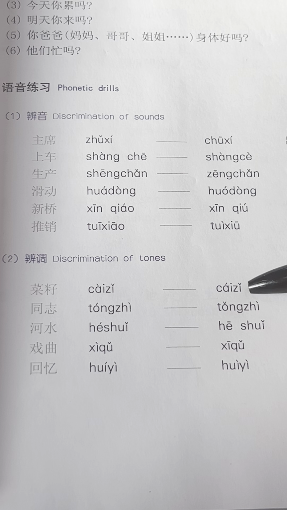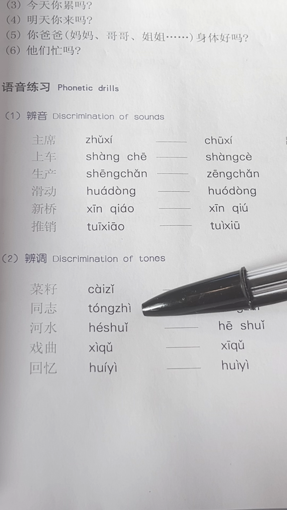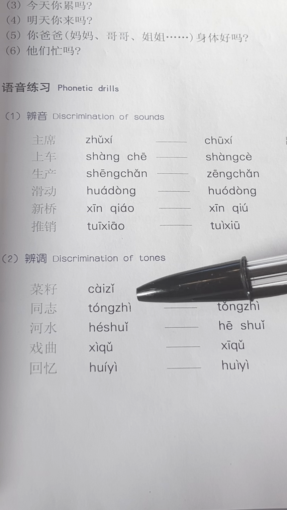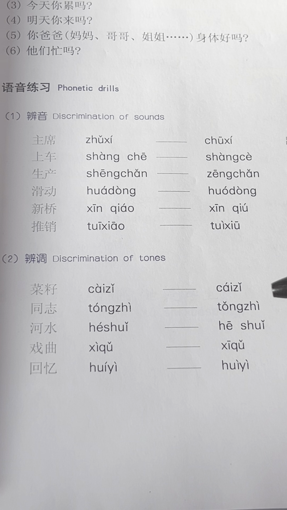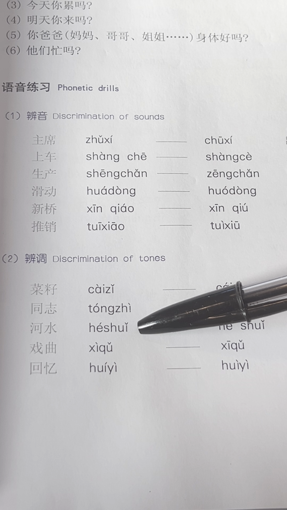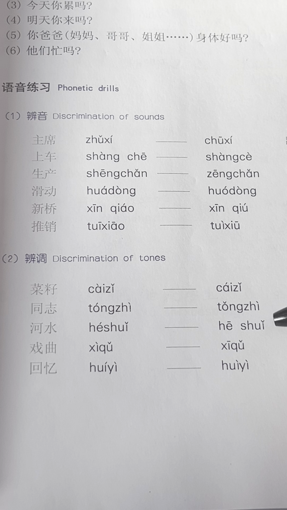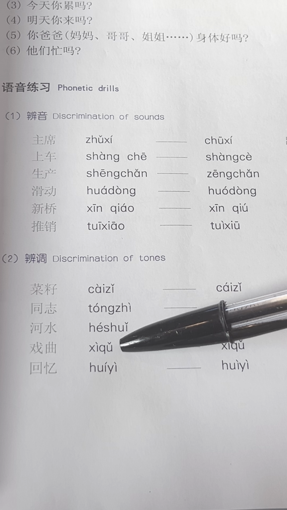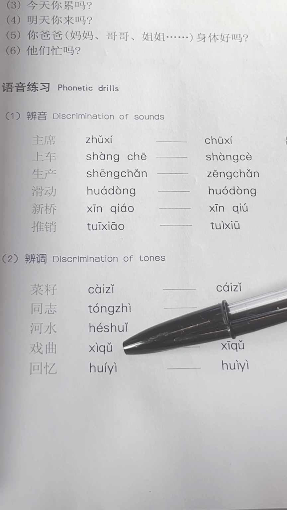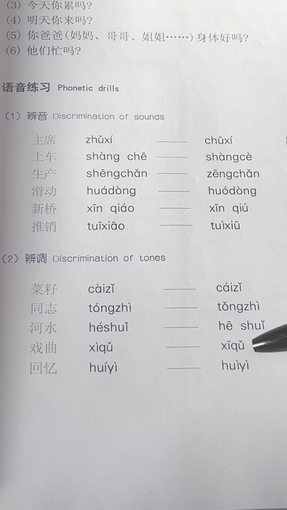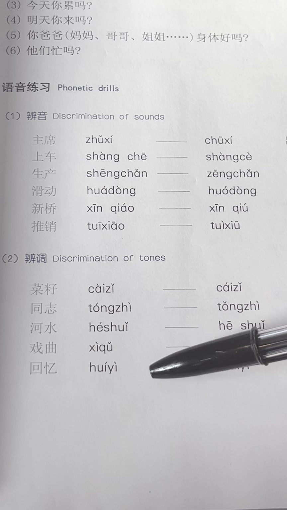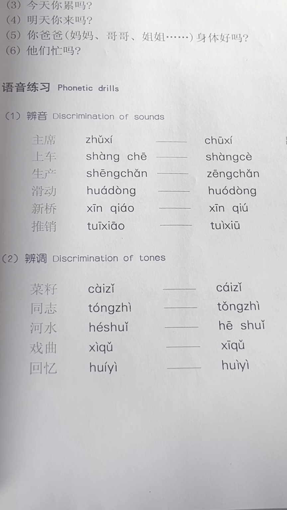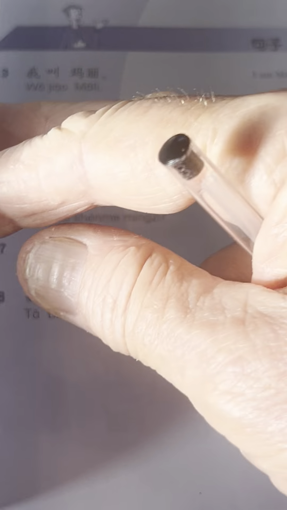That's our TS sound. 同志, comrade. 同志，河水，喝水，戏曲，回忆，会议. Okay.